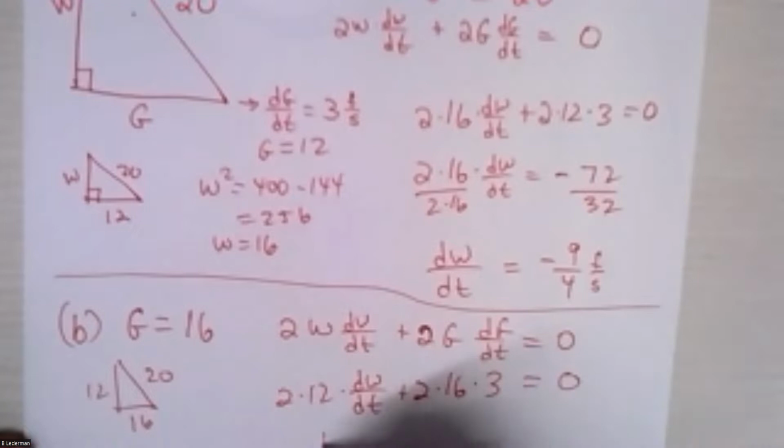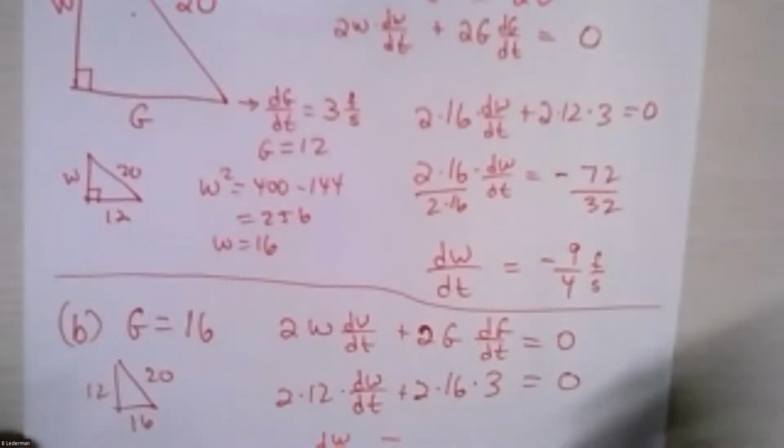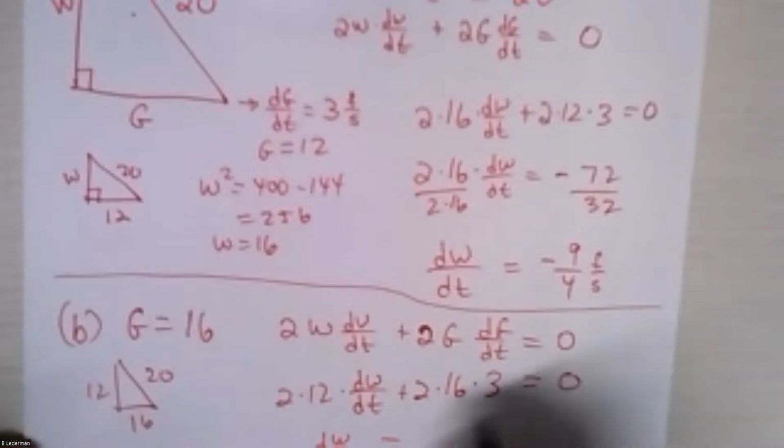So dW/dt is going to equal negative 2 times 16 times 3, which is 96, divided by 24.